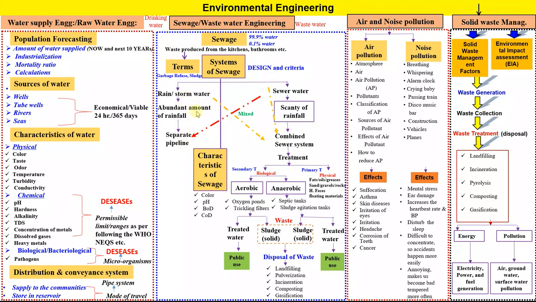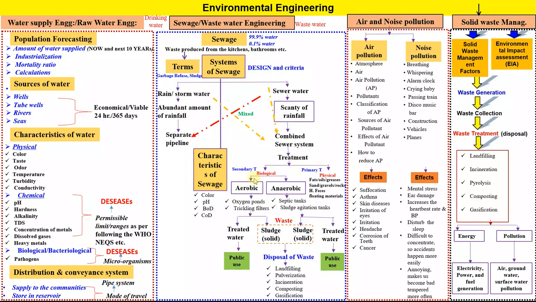But if the area we are designing has very little rainfall, we have to combine it with the other network of pipes. So we have different sorts of pipe networks, like the combined sewerage system.